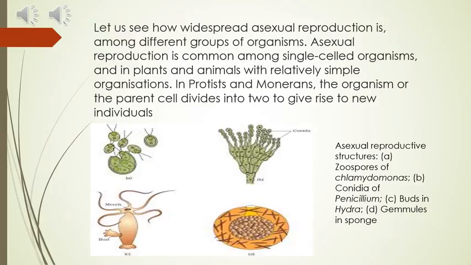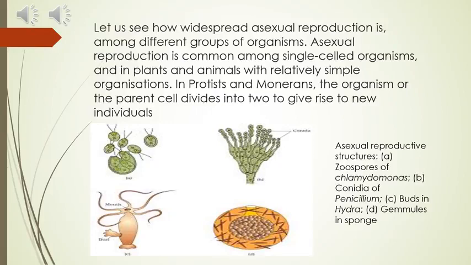So what is the difference between zoospores and conidia? You can see it very well in the diagram. Zoospores have flagella, which means they are motile. Conidia don't have any flagella or motile structure, which means they are non-motile. There is another major difference. Zoospores are endogenous, meaning spore formation takes place inside the body.